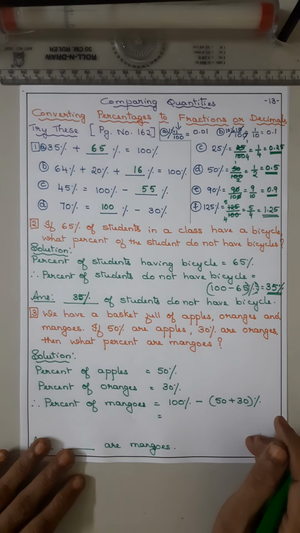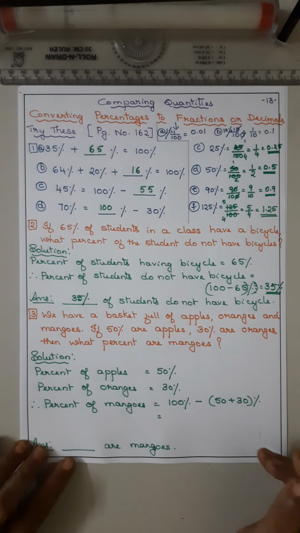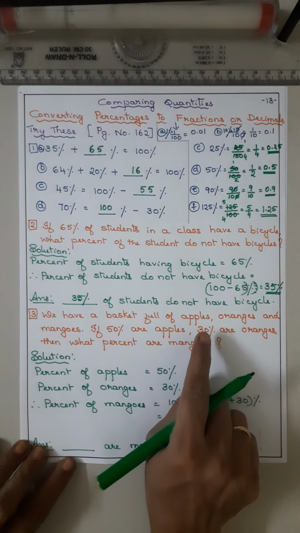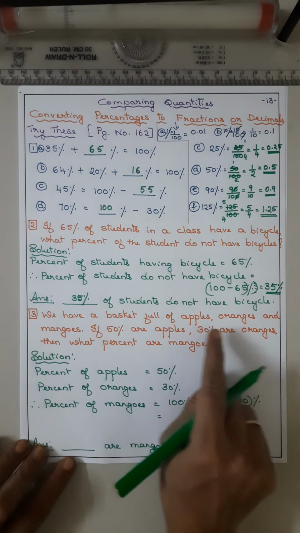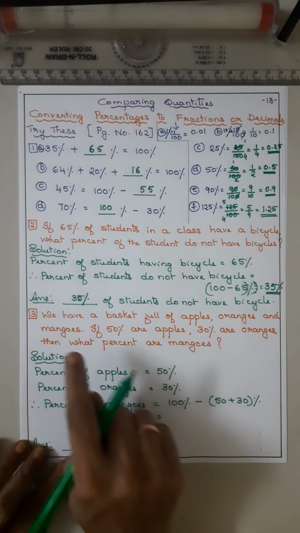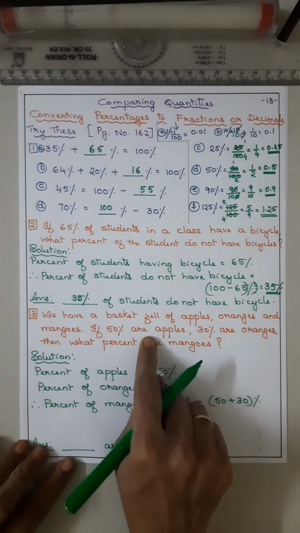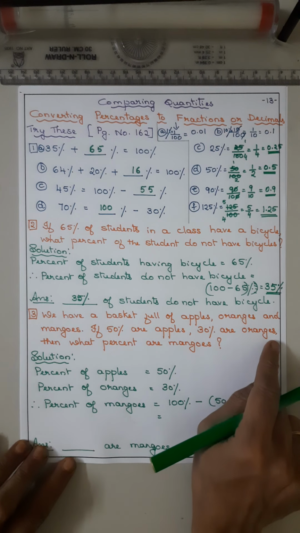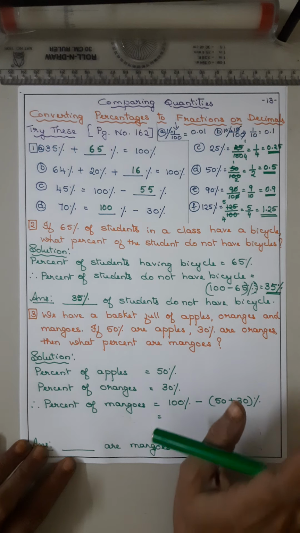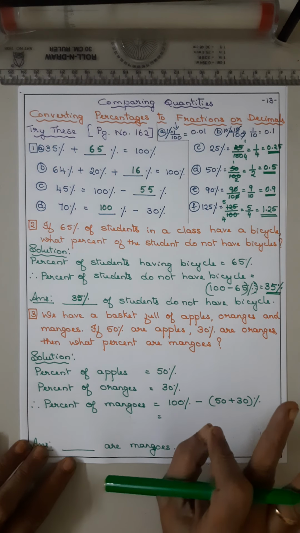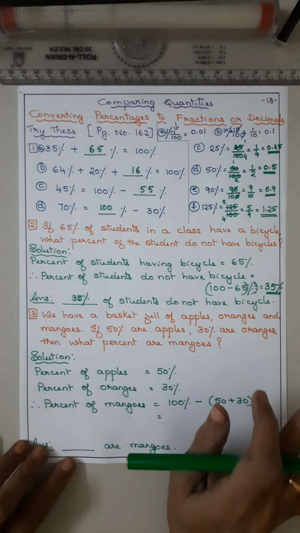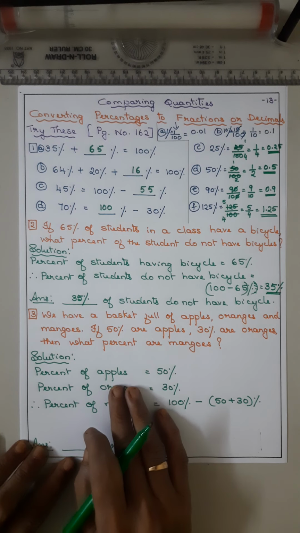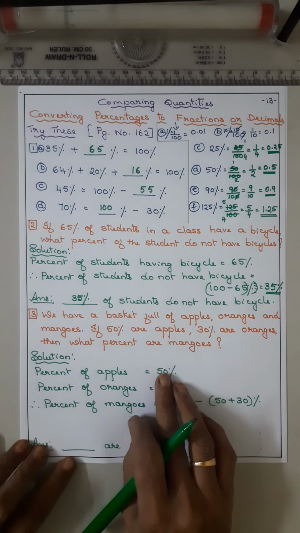Clear? Now coming to the third question. We have a basket full of apples, oranges and mangoes. 50% are apples, 30% are oranges, then what percent are mangoes? So three types of fruits are there: apple, orange and mango. Percent of apples is 50%.